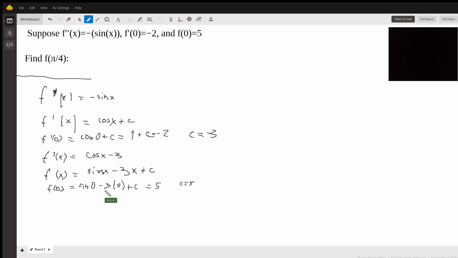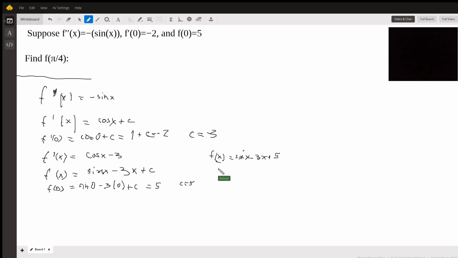Because sine of 0 is 0 and 3 times 0 is 0, c is 5. So now we're ready to wrap this up. We have f of x is equal to sine x minus 3x plus 5.